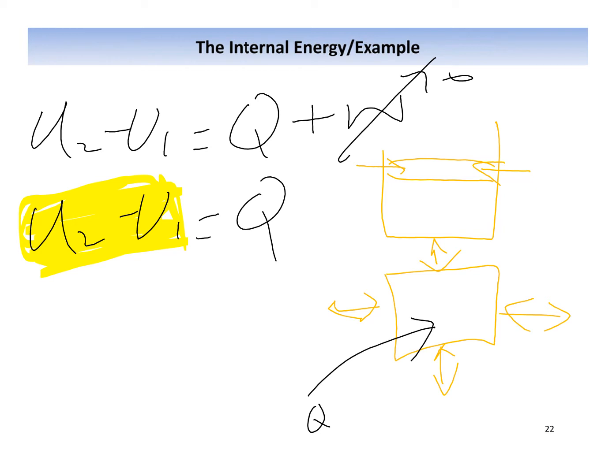Whatever heat we are giving to the system or taking out of the system directly influences the internal energy of the system. So we can also say that the specific heat of a pure substance at constant volume is in reality the difference of internal energies at different states.